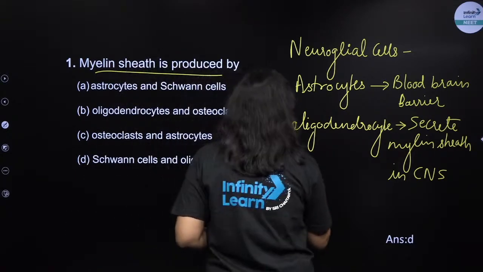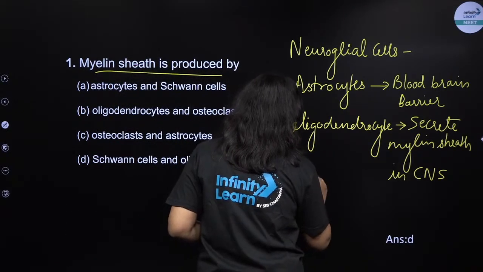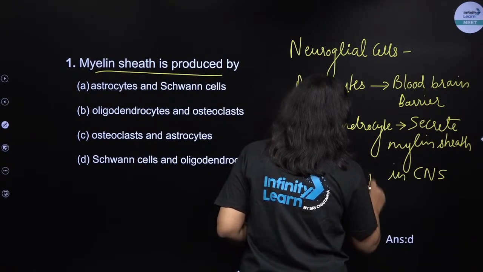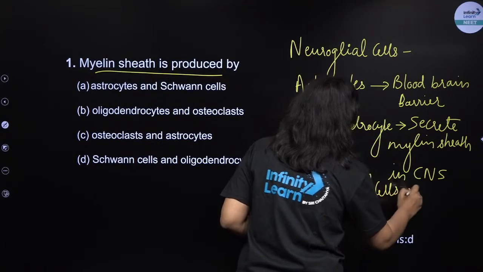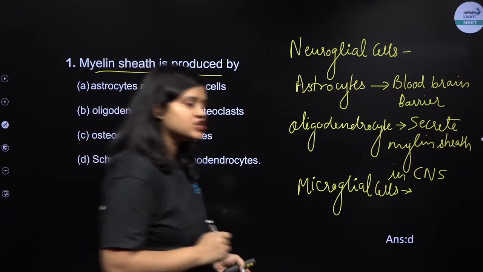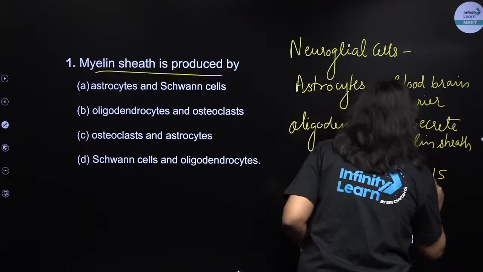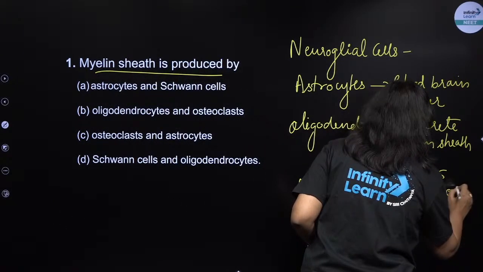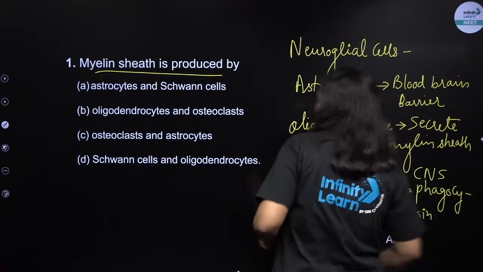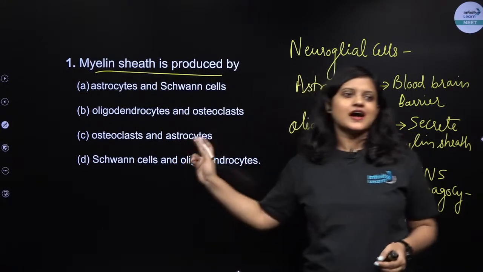The third important cell is microglial cells. Please note it down. Microglial cells, they are phagocytic in nature. So they do phagocytosis. Okay? So that was about our first question.